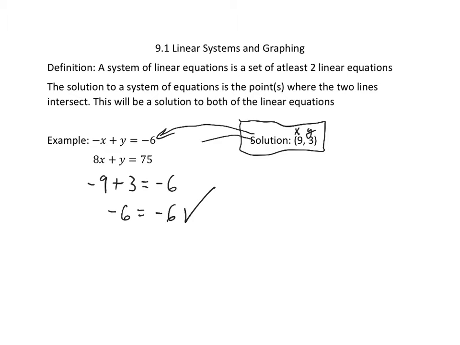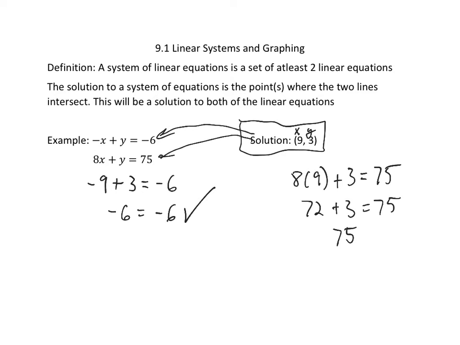Now it should satisfy this equation also: 8 times 9 plus 3 should give me 75. 72 plus 3 is 75, and 75 equals 75. So indeed, that's why (9, 3) is a solution to that linear system.